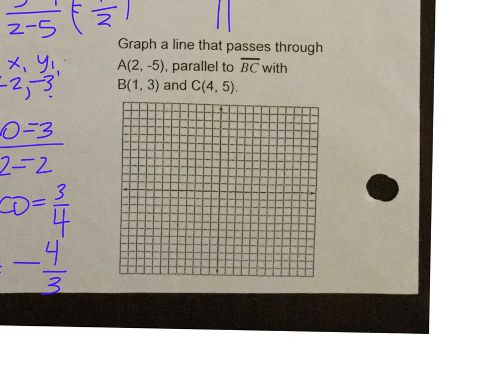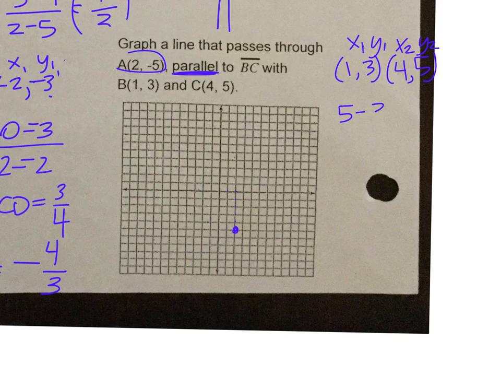Okay, this one's a little easier because I'm looking for a line that's parallel. So first I'm going to grab that A point, 2, negative 5, 1, 2, 3, 4, 5. So that's my starting point for this line. Now to find the slope, I need to use my BC. 1, 3, 4, 5, x1, y1, x2, y2. 5 minus 3 over 4 minus 1 gives me 2 over 3.